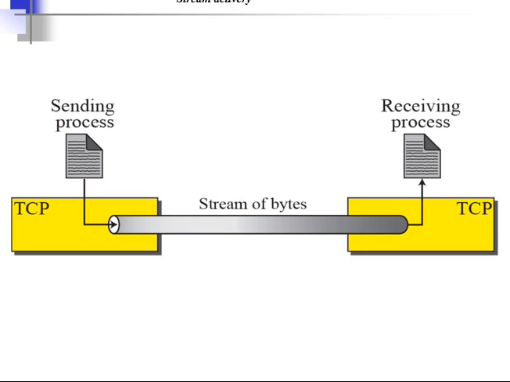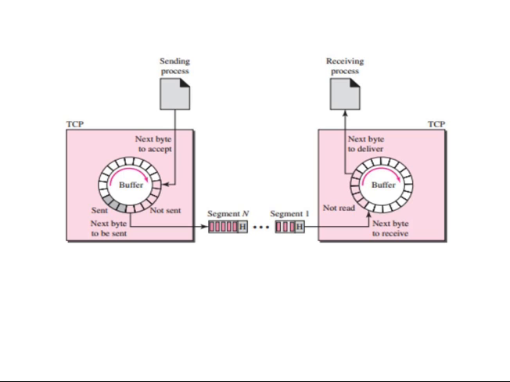Now you have stream delivery. In this protocol, what that means is you have a sending process and a receiving process, and the underlying TCP protocol sends a stream of bytes from one to another.